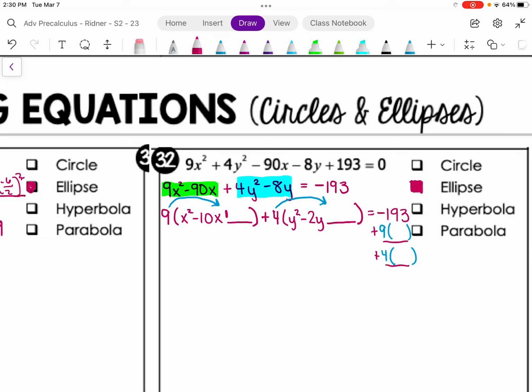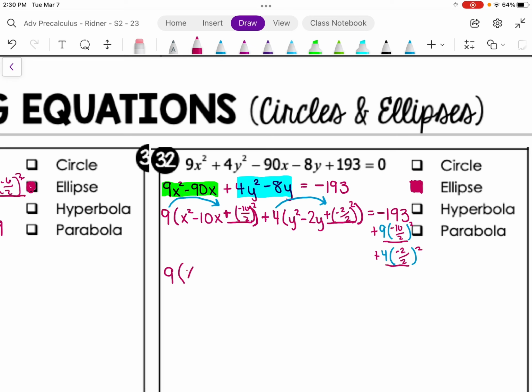So adding b over 2 squared, adding b over 2 squared, add the same thing to the other side of the equation.